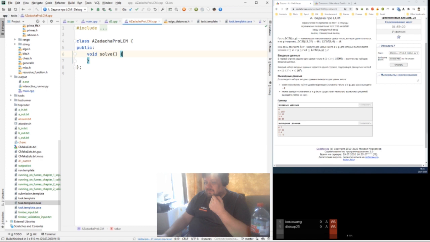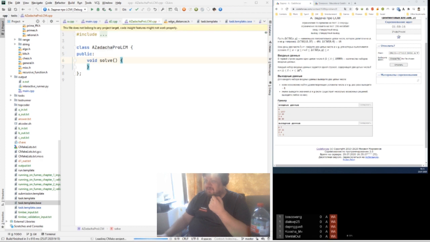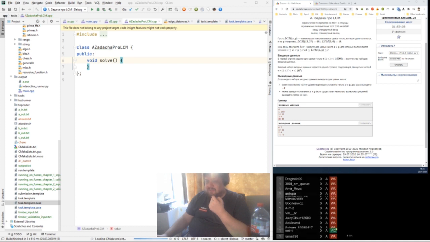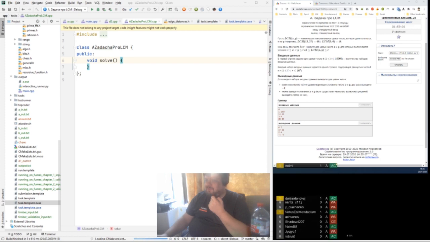Well, the first thing we need to see is that if we have two numbers x and y, and their least common multiple is also within the segment, then we can replace y with that least common multiple, and it would also be a valid example.